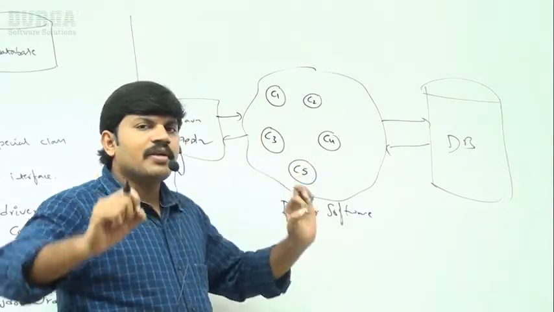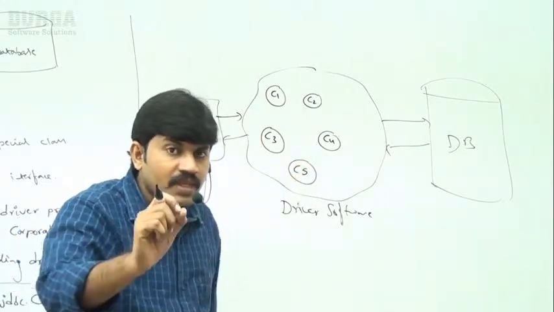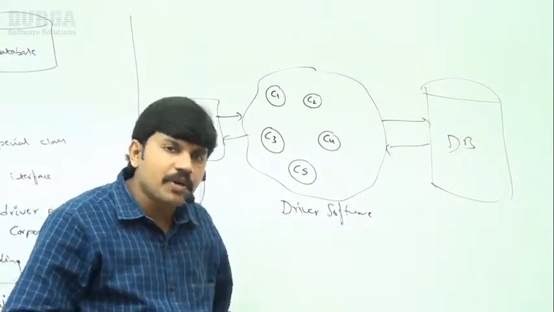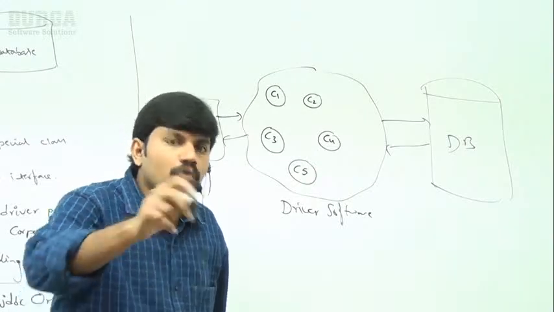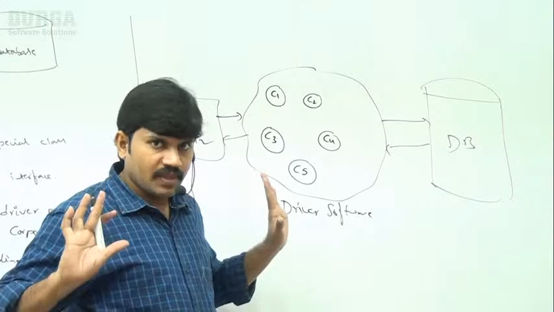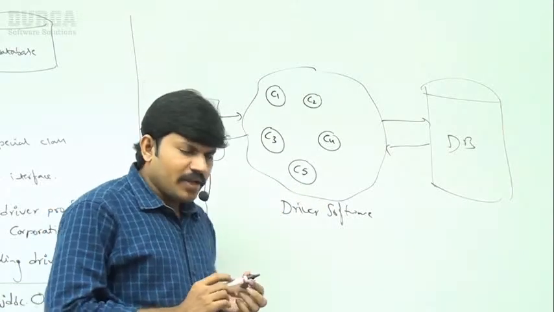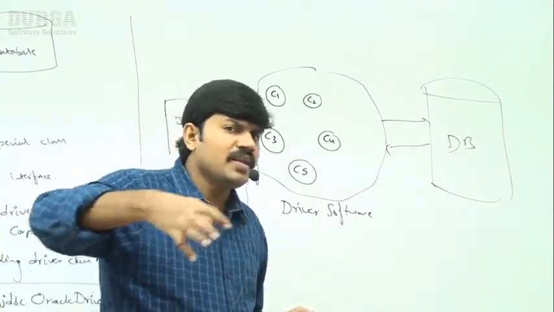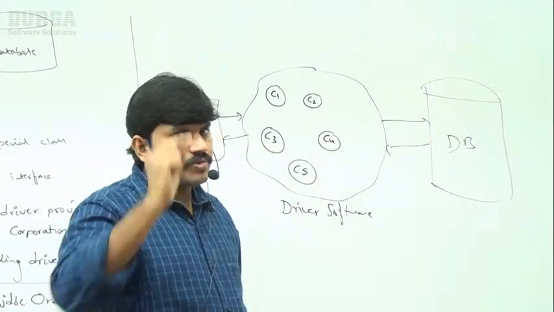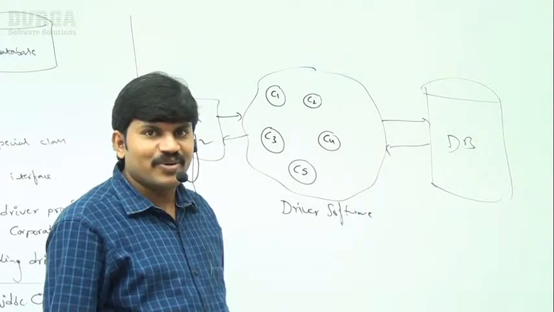So whatever interfaces are there inside JDBC API, implementation classes are required for all of them. A group of implementation classes is nothing but driver software. Clear for all, okay? Now among these many classes, there is one special class.